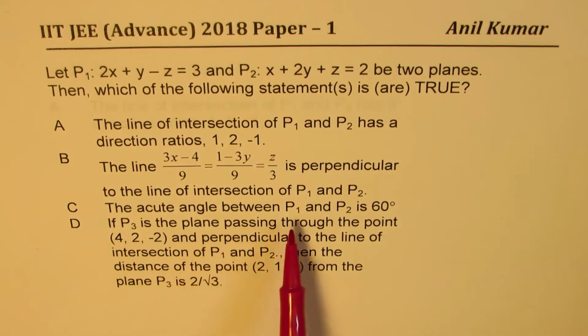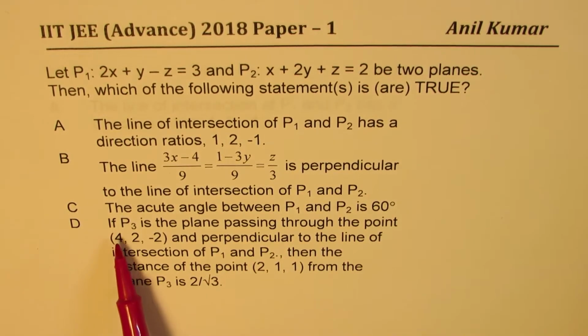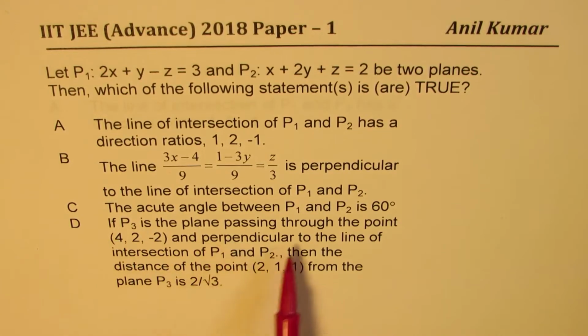C. The acute angle between P1 and P2 is 60 degrees. And D is, if P3 is a plane passing through the point 4, 2, minus 2 and perpendicular to the line of intersection of P1 and P2, then the distance of the point 2, 1, 1 from the plane P3 is 2 over square root 3.